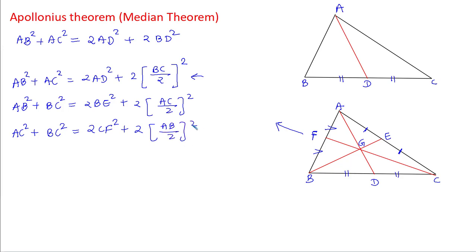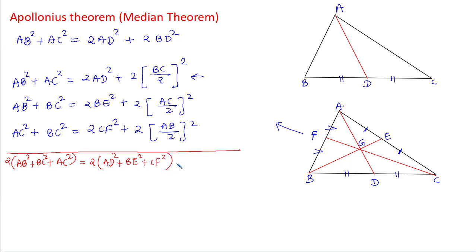Now what we are going to do is add all these three equations. If we add all these three equations, on the left hand side it will be 2 times (AB square plus BC square plus AC square), which is equal to, on the right hand side, 2 times (AD square plus BE square plus CF square), plus, if I square this, it is going to be 4, and 2 divided by 4 is 1 divided by 2.